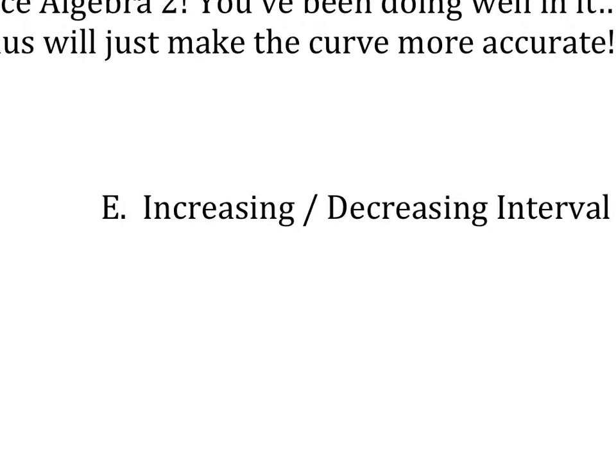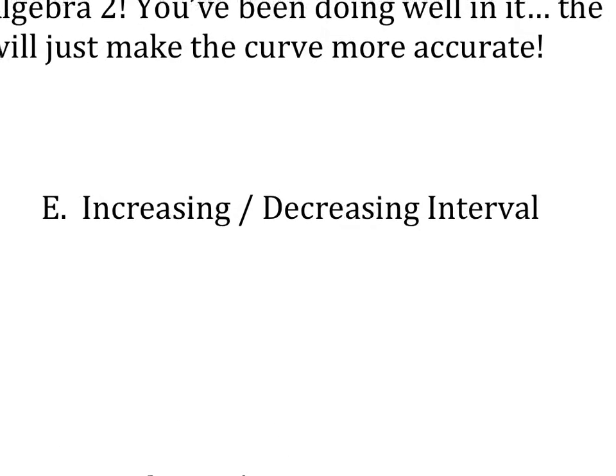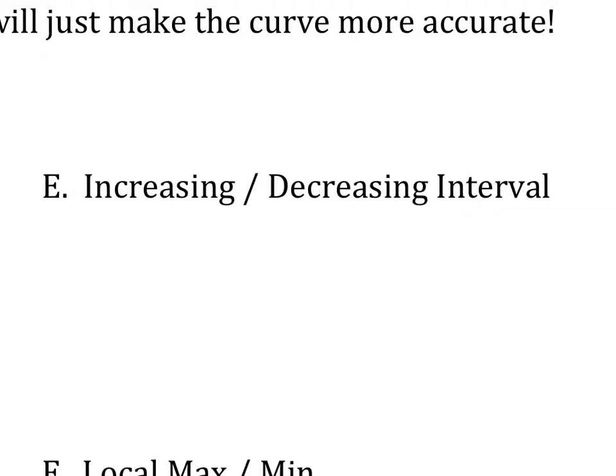Next. Now this is all calculus part. Increasing, decreasing. That has to do with f prime. So you want to first check what makes it 0 or does not exist. That's going to give you the critical points.